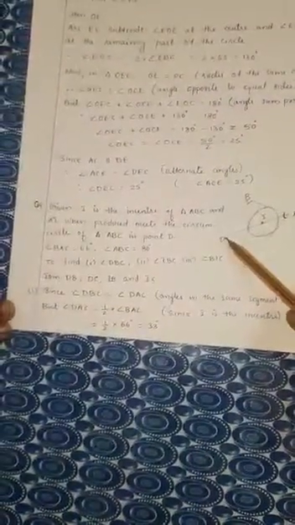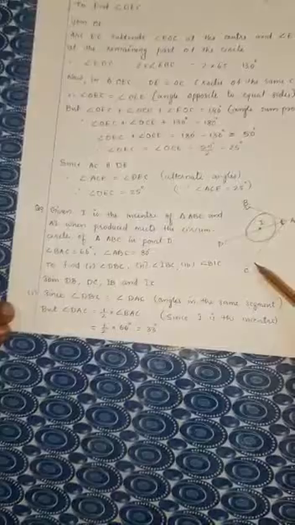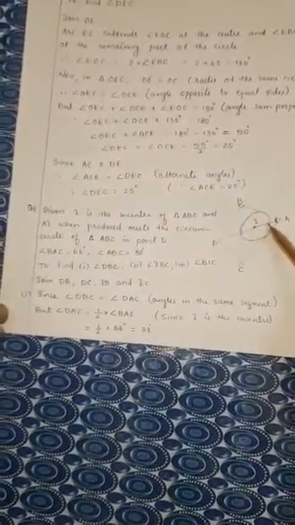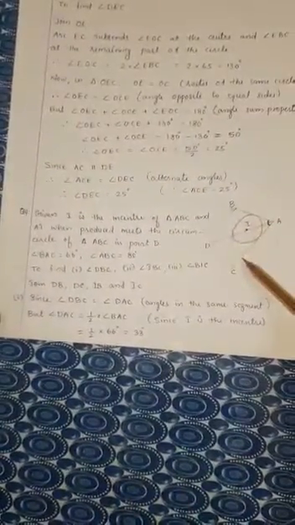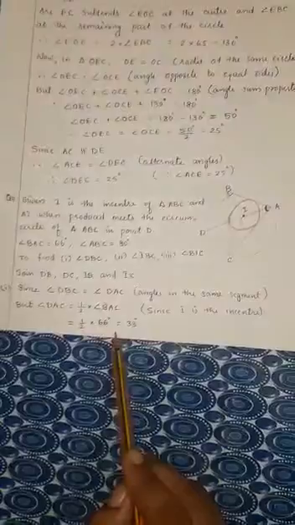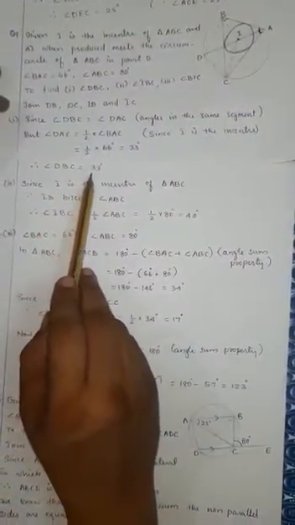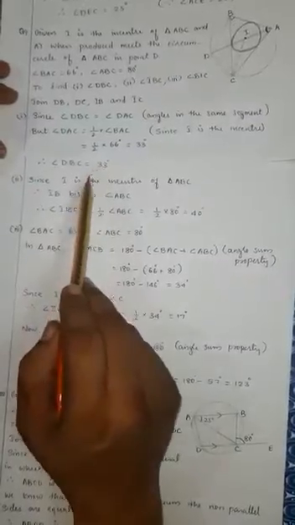But angle DAC equal to half of angle BAC, since I is the incenter of triangle ABC. That is equal to half into 66 degree equal to 33 degree. Therefore, angle DBC equal to 33 degree.